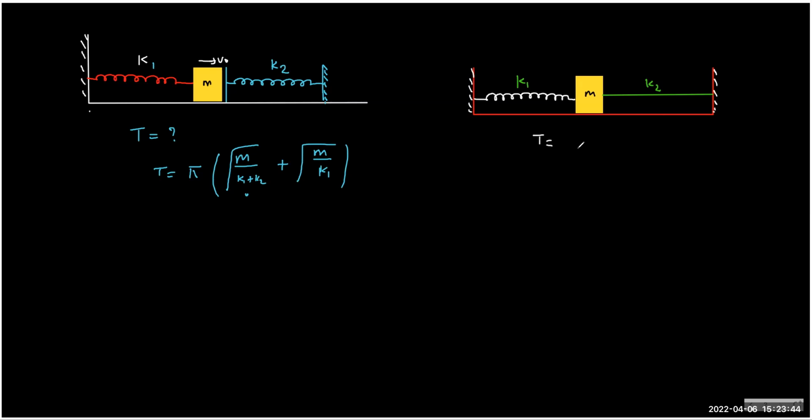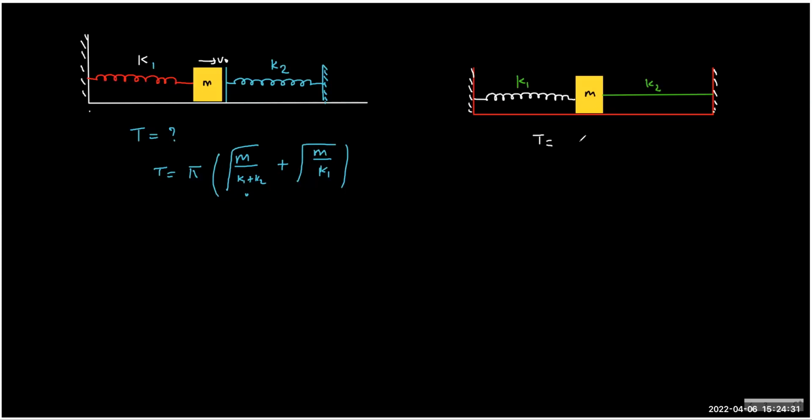Again, what is the time period? Sir, is it 2 pi root m by K1 plus K2?